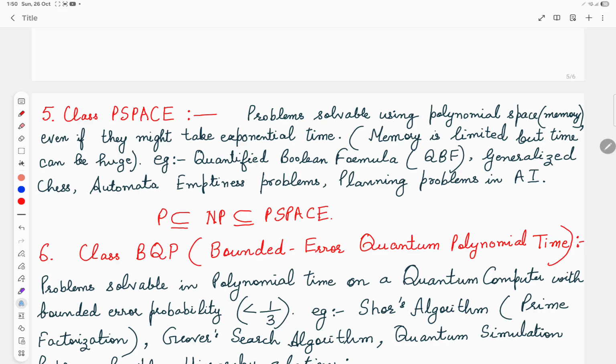So memory is limited, but time can be huge. Quantified Boolean formulas and certain planning problems in artificial intelligence are examples. As I said, these are problems which can be put in the category of P space.